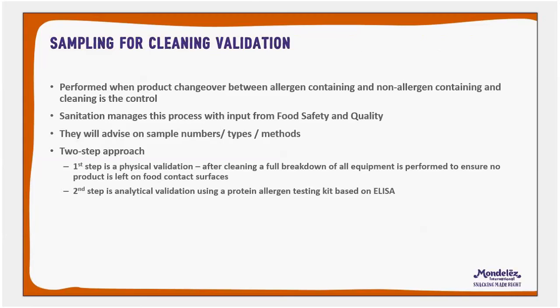After you've done a cleaning, you're going to have a full breakdown of all the equipment, and then you're going to do a visual check to make sure that you've got no product left on the food contact surfaces. And then the second step is the analytical testing part, analytical validation. You're going to be using a protein allergen testing kit based on a technique called ELISA, which we'll talk about a little bit later on.